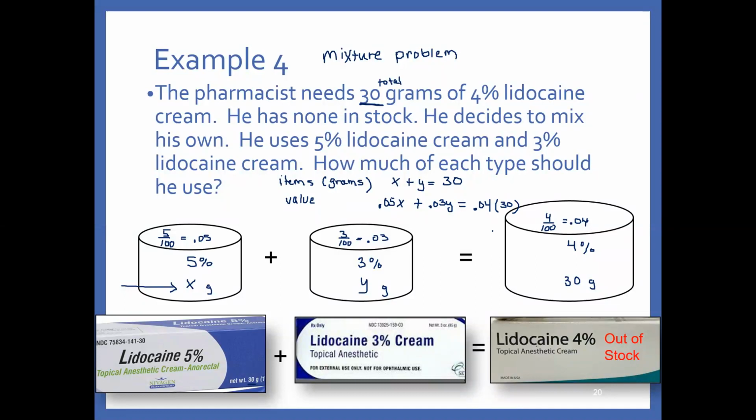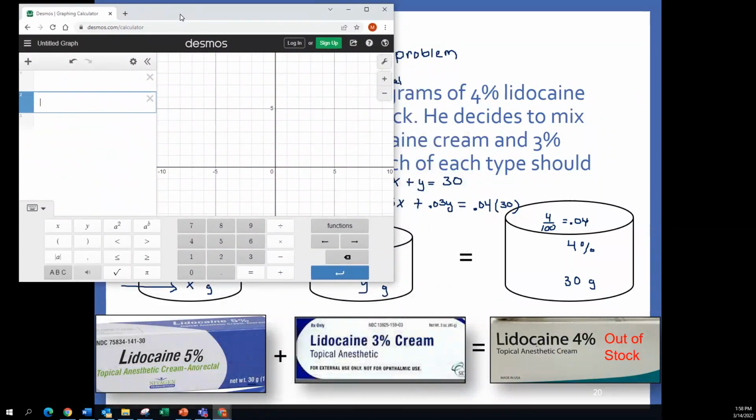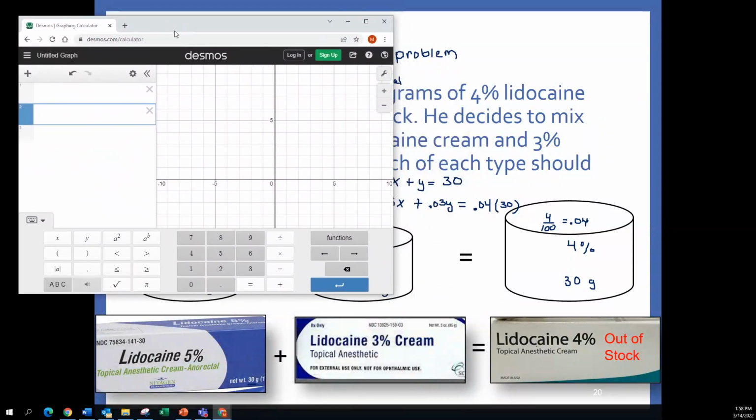So these are my two equations, and I'm going to take them to the Desmos graphing calculator to solve. So I'll pull up my calculator. It's hard to see both my calculator and my equations, but let's type it in. Our first equation was x plus y equals 30.